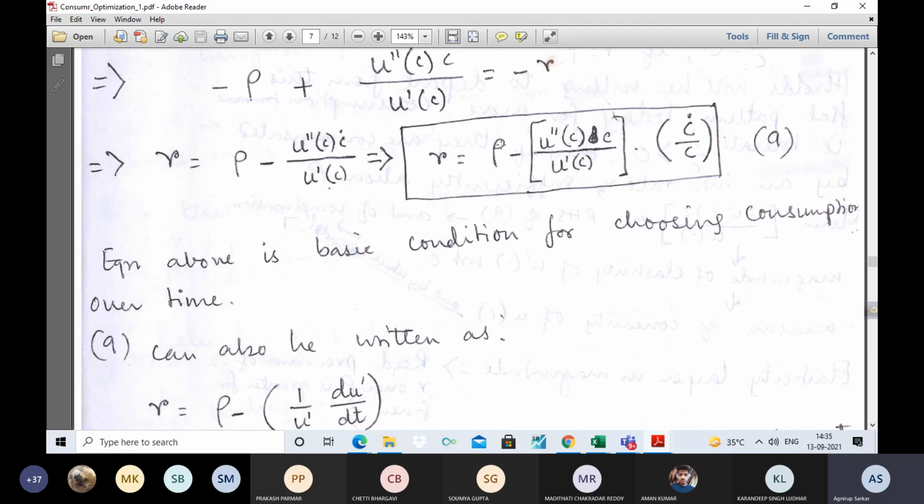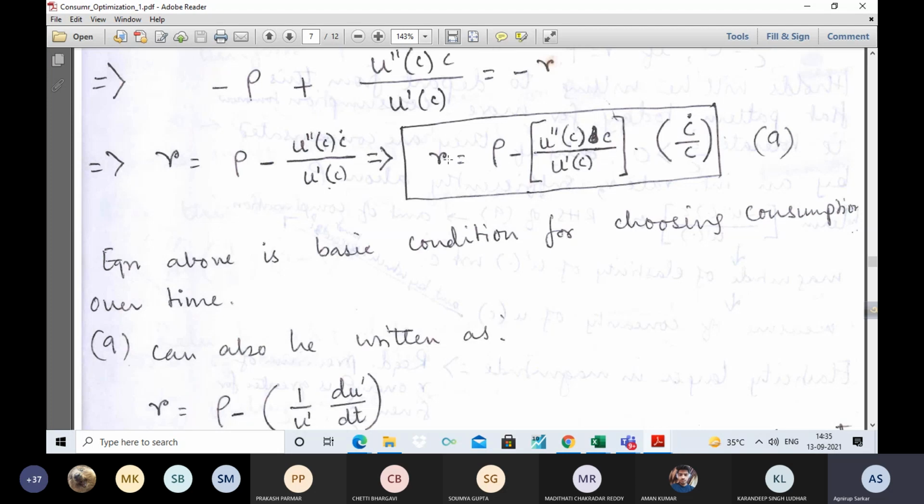Now, what is the economic implication of this? On the left hand side of equation number 9, we have the interest rate, right? It's the rate of interest. What is it representing? It is representing the rate of return to saving, right?